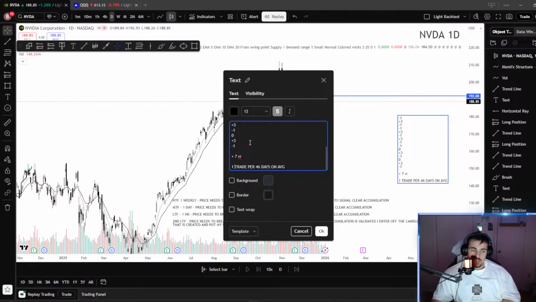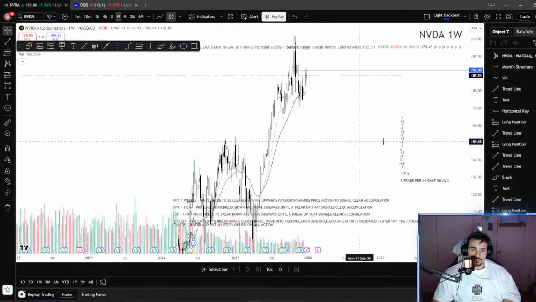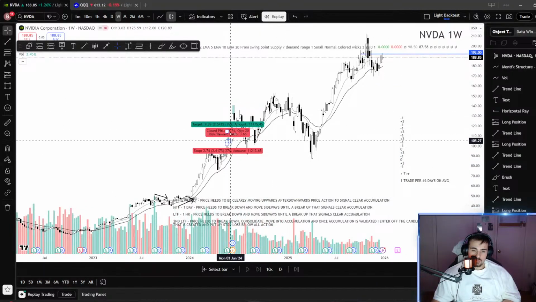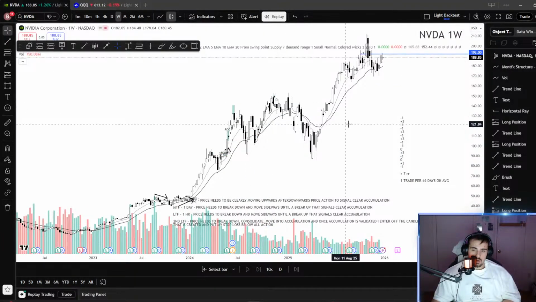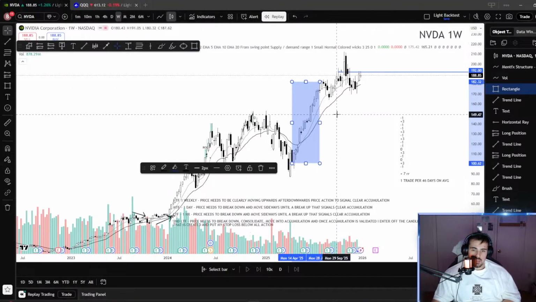And that is the key to being able to screen for markets and be able to identify when a market is setting up and meeting your rules, because not all the time it's going to happen. If you guys see here on NVIDIA, I took trades in here, I took trades in here, but I missed every single trade inside here.